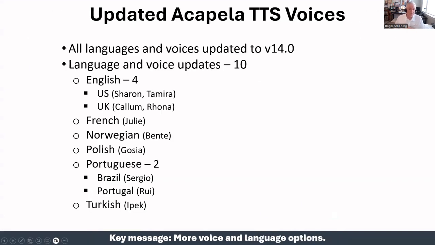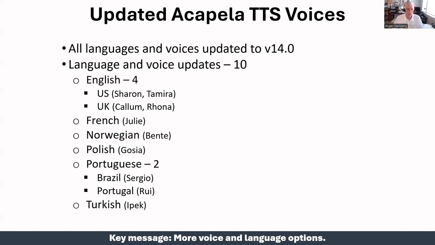And then we've also updated to version 14 of the Acapela languages and voices. Basically, they have begun using AI to generate voices more quickly to increase pronunciation, smooth pacing, and increase prosody of the voices. So Tamara there is an AI created voice. It's allowed them to expand their catalog of voices very quickly. And we've also added 10 additional personalities or voices to the system.